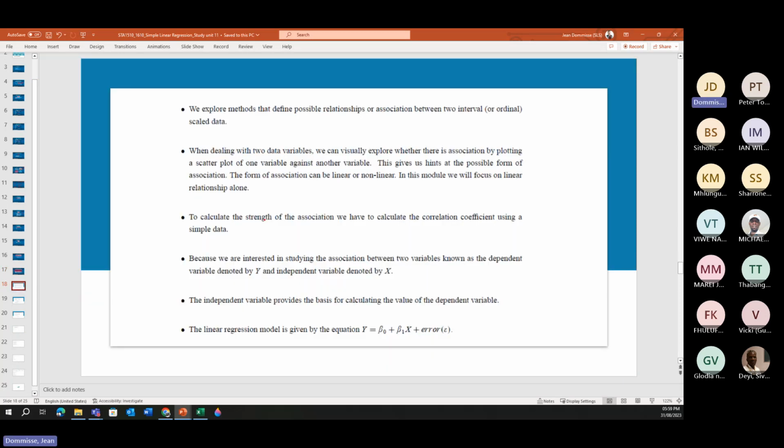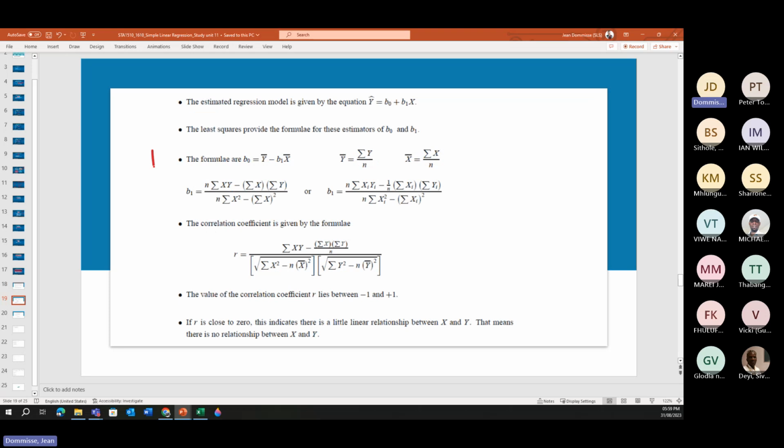The next few slides are just to give you a summary of that theory, with, again, the summary of the formulas that we might need to use.